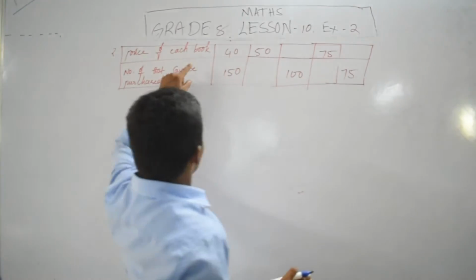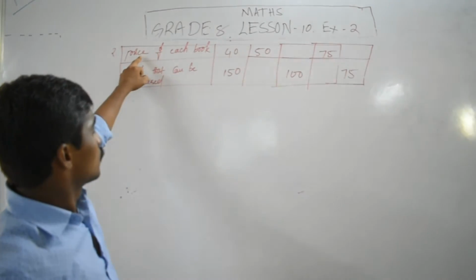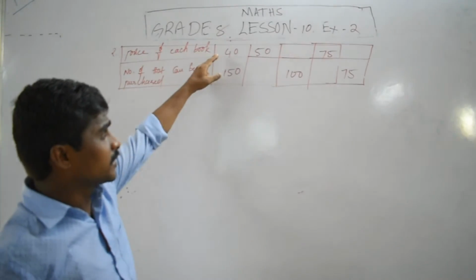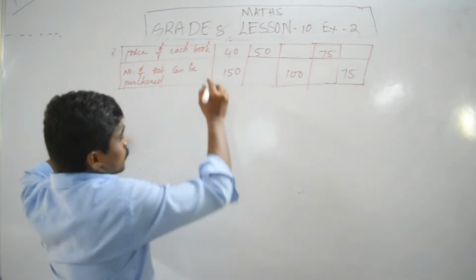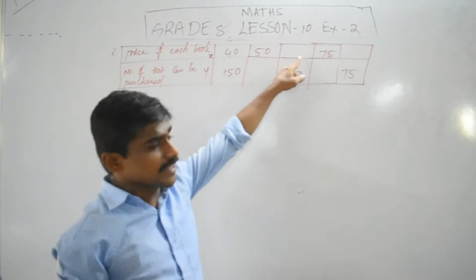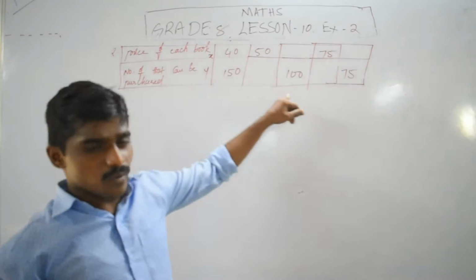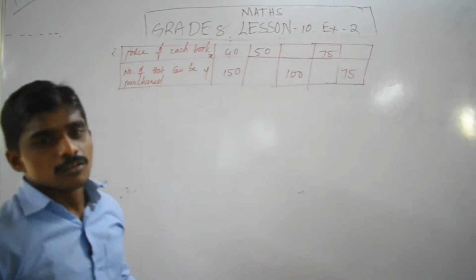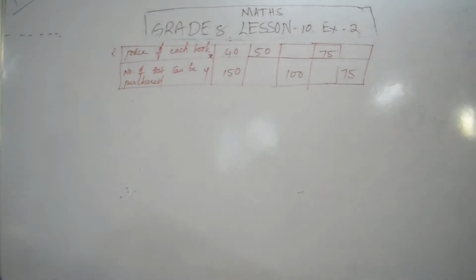Here see, now price of each book. Here this is x quantity, like this is y quantity. Here x quantity increasing, here y quantity decreasing. So these all are inverse proportional or not, we are checking.